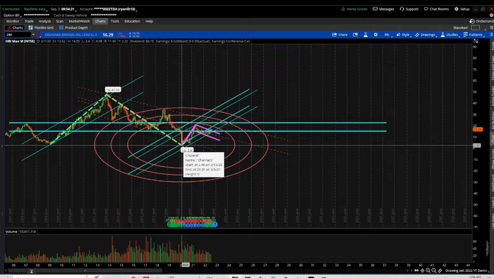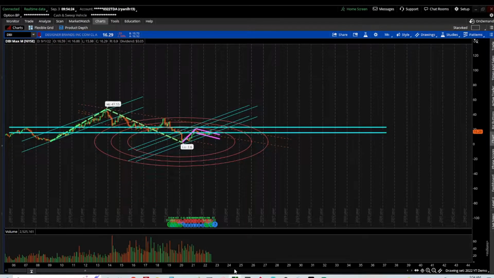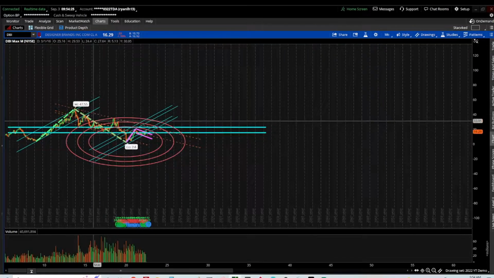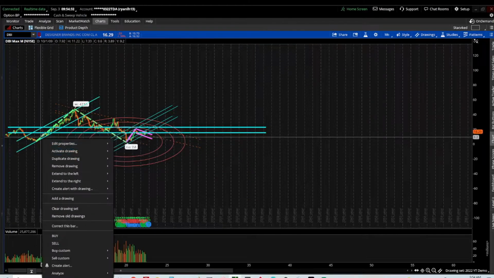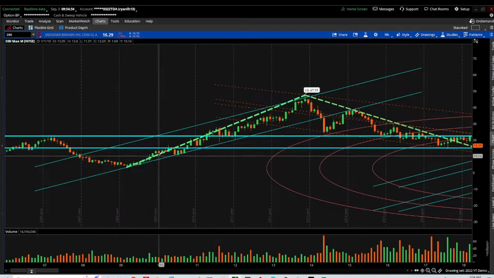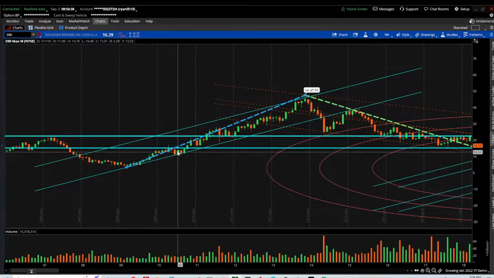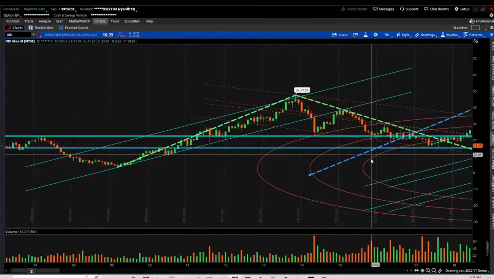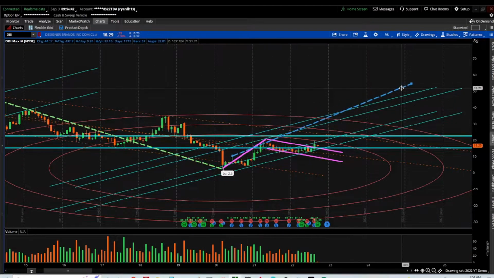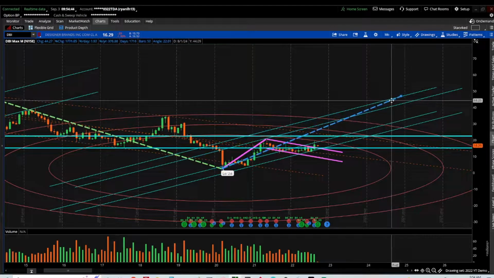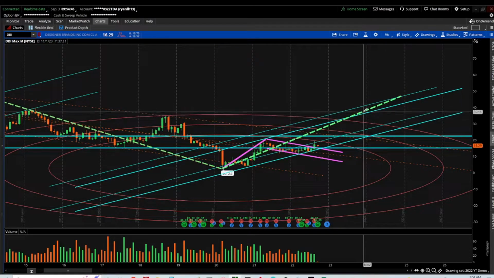So what we could do is basically, I'm sorry, it's twice the length of one. So let's see if we can duplicate. Let's just duplicate this. There we go. So we've duplicated this and let's go here and let's duplicate it again.